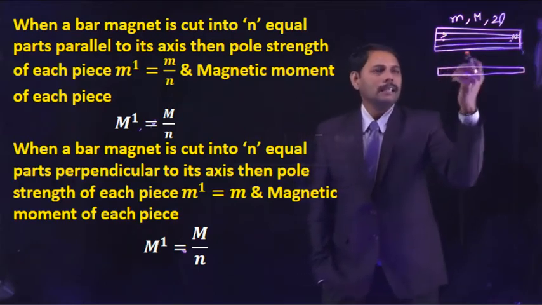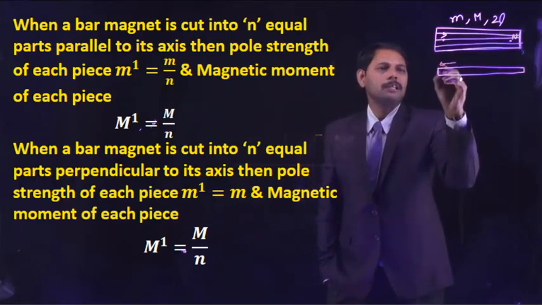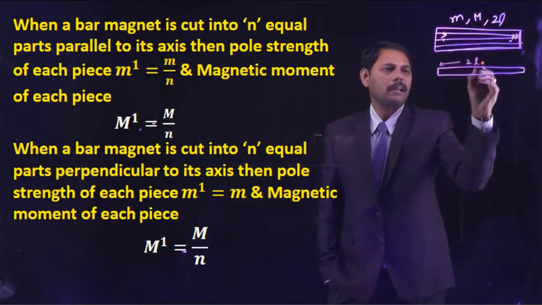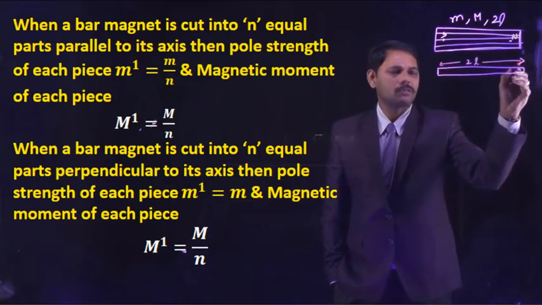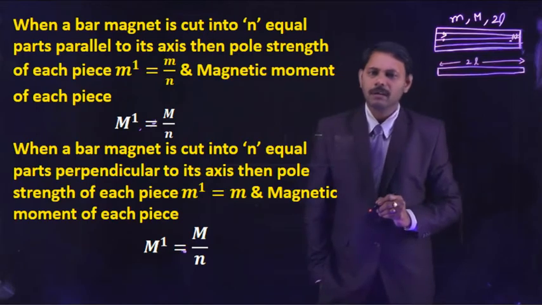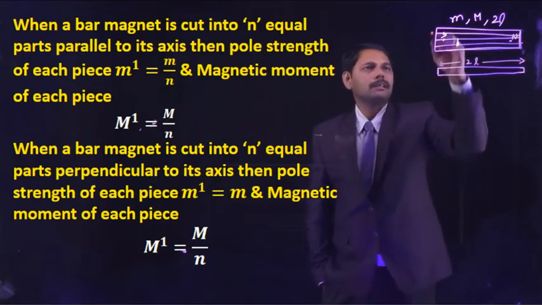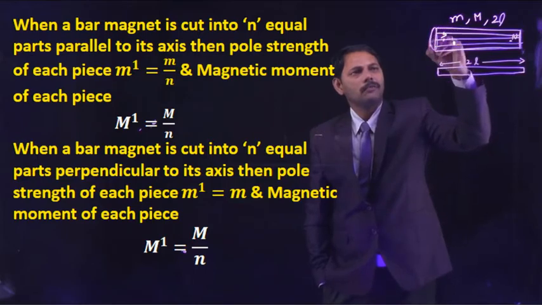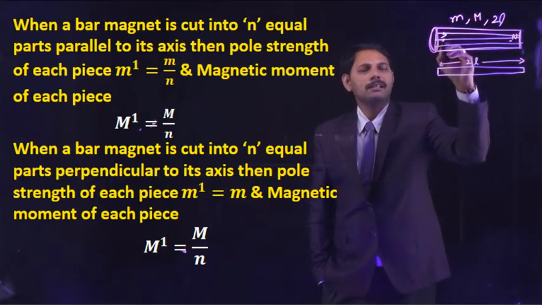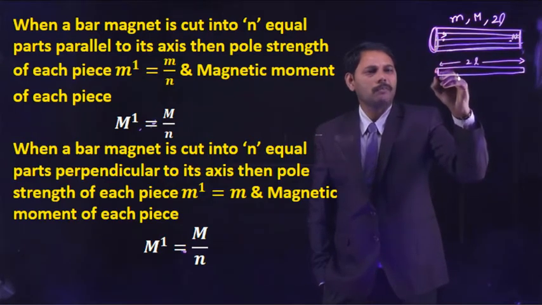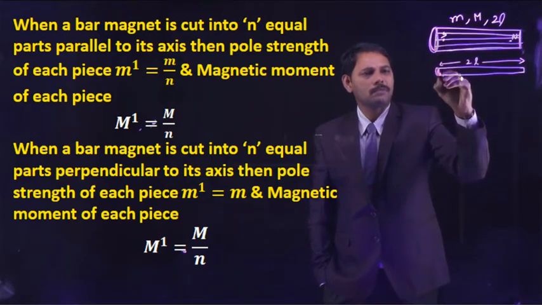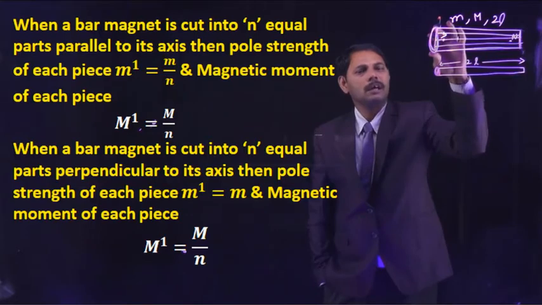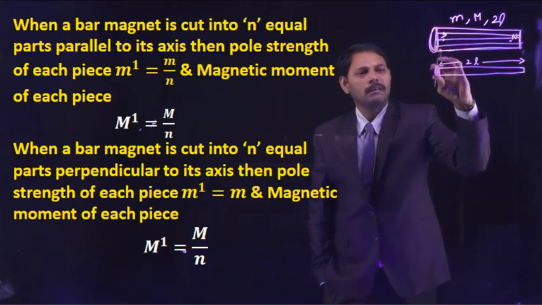Then the length remains the same, no change in length. As we cut the magnet parallel to its length, the length does not change, it remains constant. But the surface area of the magnet reduces by n times when you consider one piece.